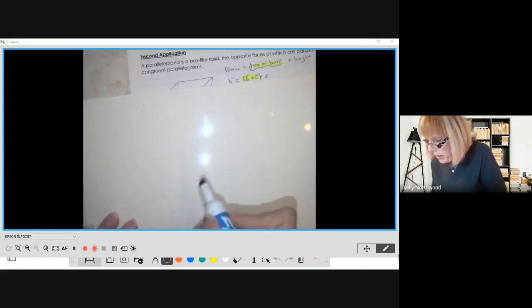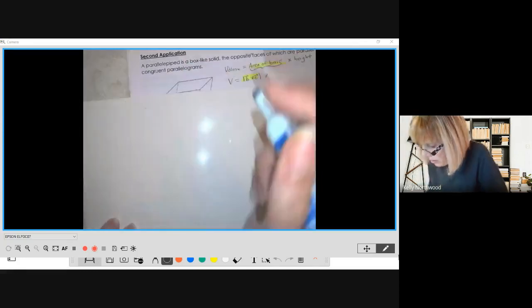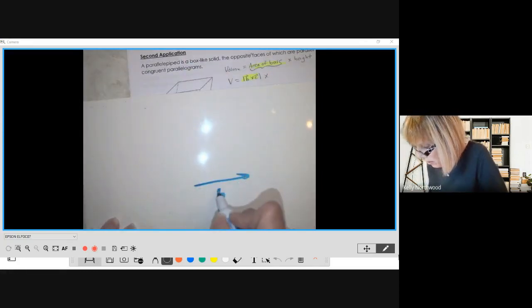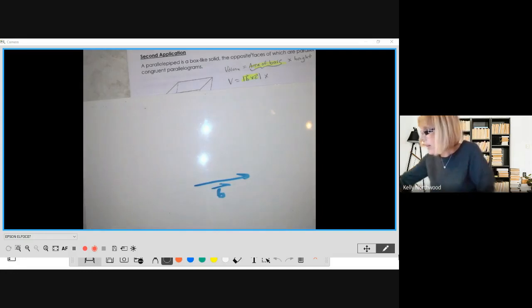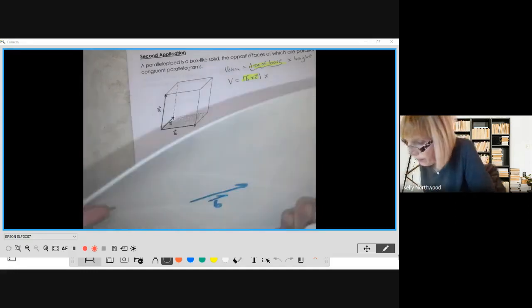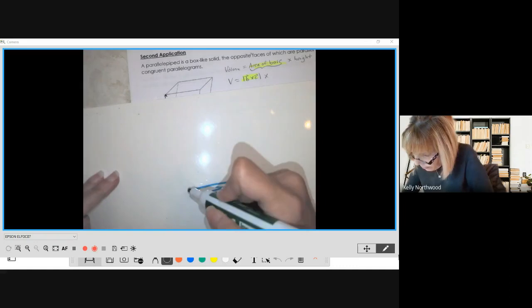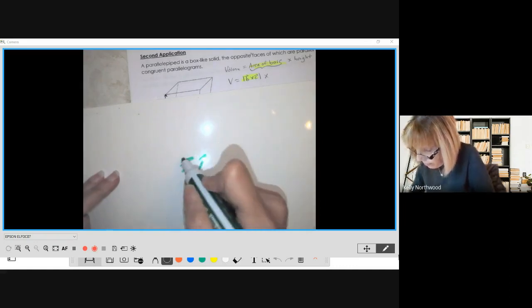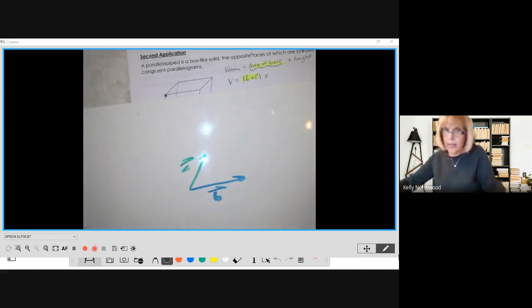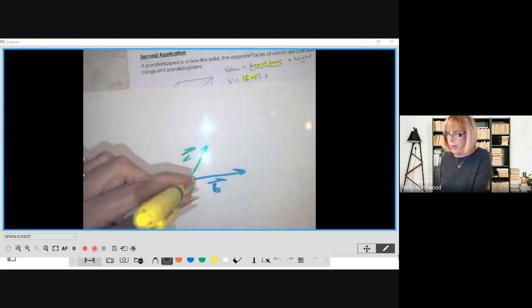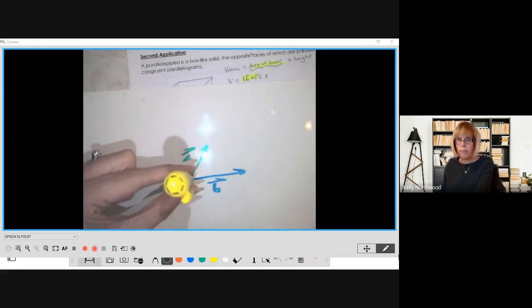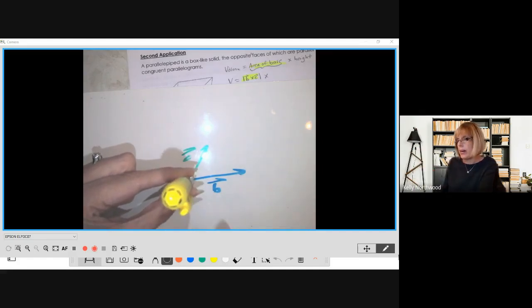So here's B. And here's C. So B cross C is going to be straight up, right? Straight up, perpendicular to both B and C, and longer than them, okay? Because it's going to be linearly as long as the area of the parallelogram would be.